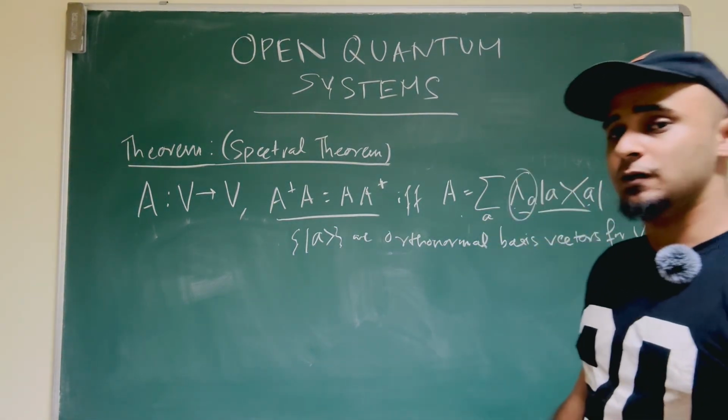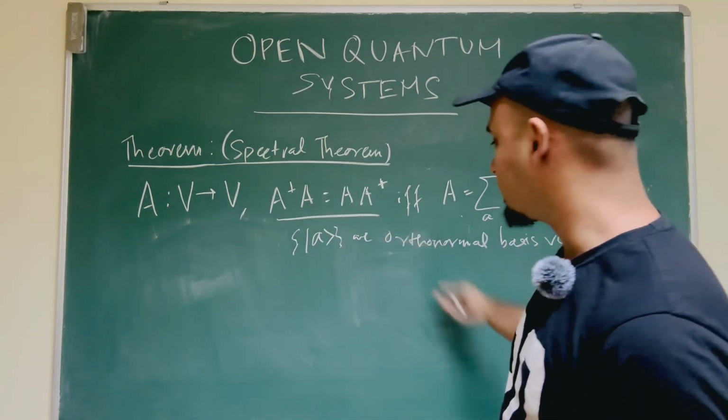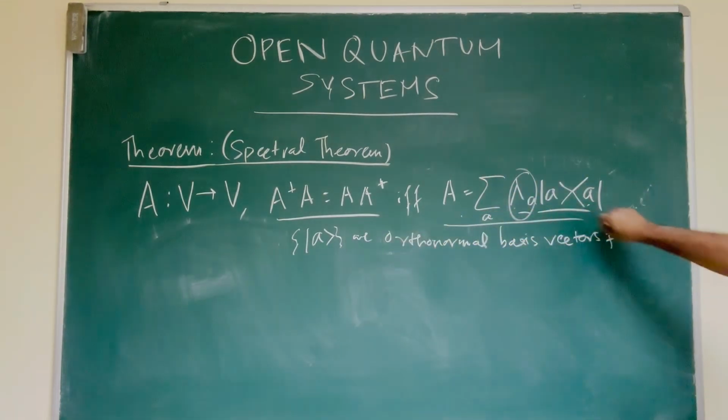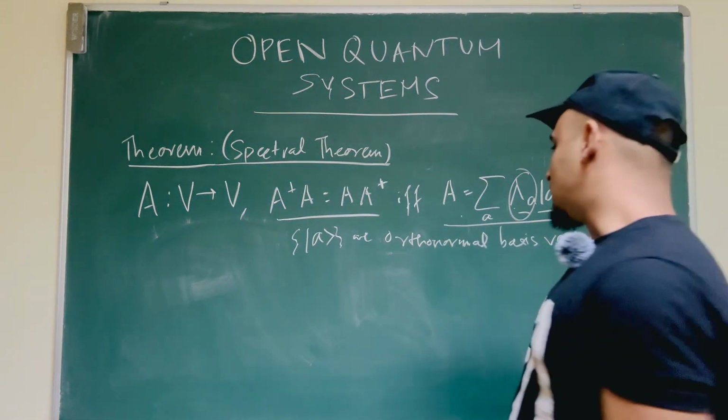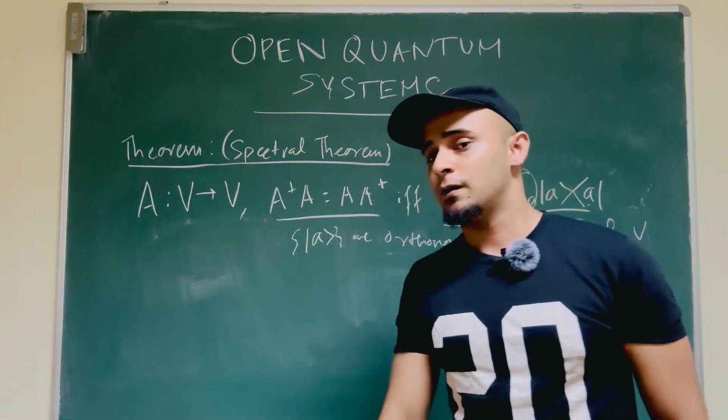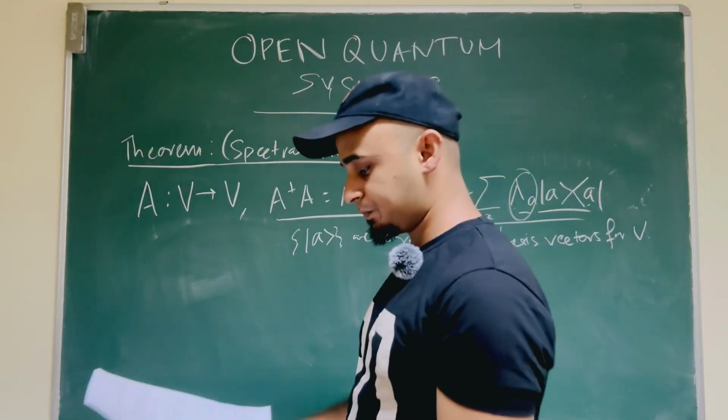So this is our spectral theorem. If it's a normal operator, we can always express it this way, and vice versa. If we can express it this way, then it's a normal operator. So this is the spectral theorem.